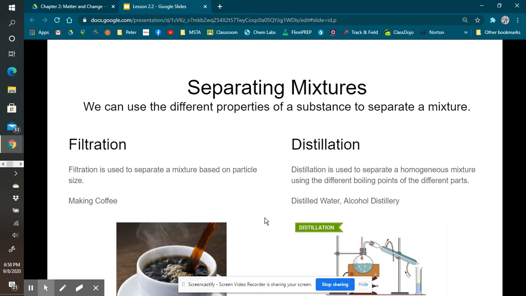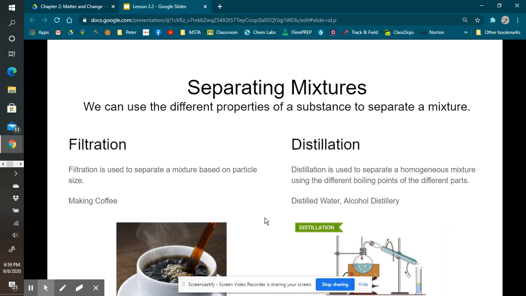A couple of ways in which we separate mixtures are given here. One is filtration. Filtration is used to separate a mixture based on particle size. If you've ever looked closely at how we make coffee, there is water poured in with the coffee grounds, but then the coffee filter will separate out the grounds from the liquid, because the liquid coffee can pass through the filter and the coffee grounds cannot.